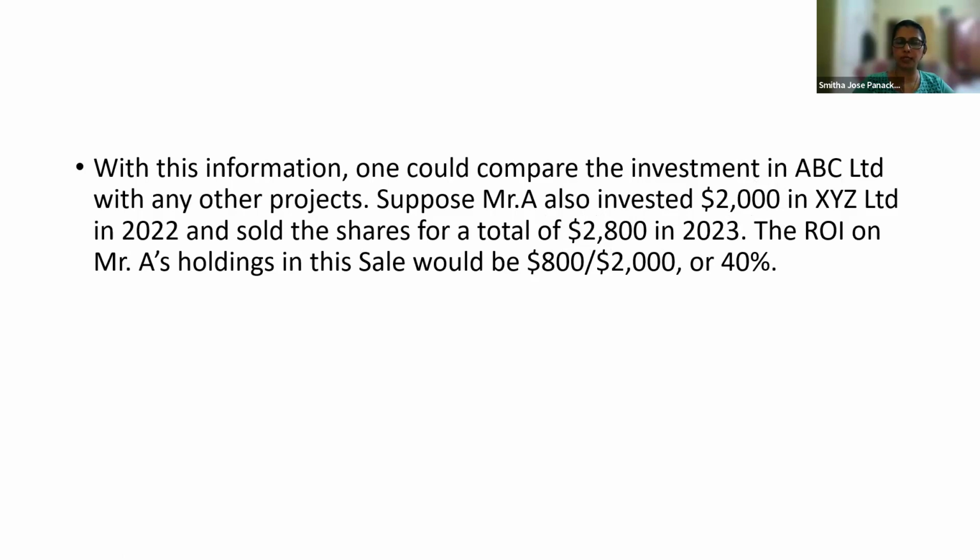Then how will you calculate the ROI? 800 divided by the purchasing price, 2,000, right? 800 divided by 2,000. And how much is the ROI here? ROI 40%, right? You'll get 0.4 as answer, into 100.